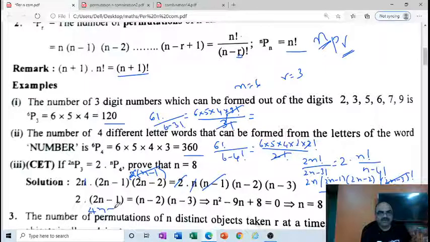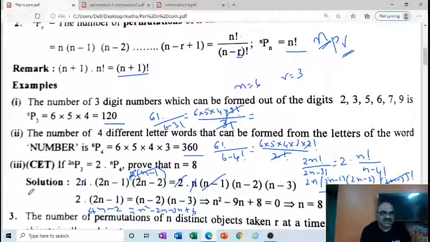4n minus 2 equals n square minus 2n minus 3n plus 6. So this will be n square minus 5n minus 4n, it is minus 9n plus 6 plus 2, it is plus 8. So we get a quadratic equation n square minus 9n plus 8 equal to 0.